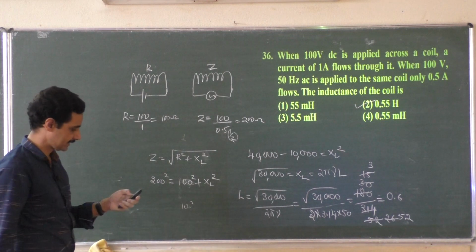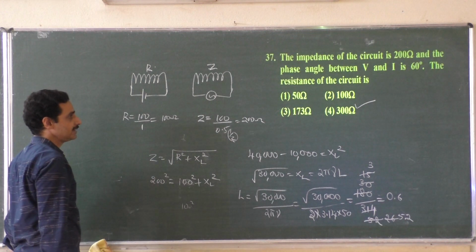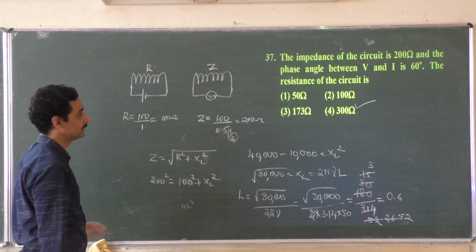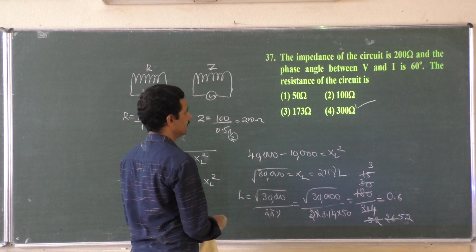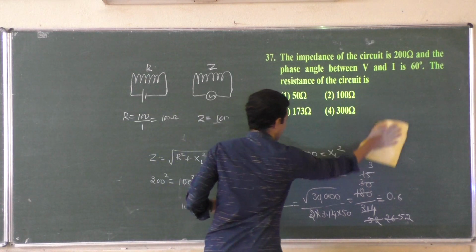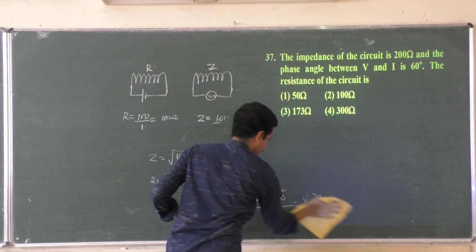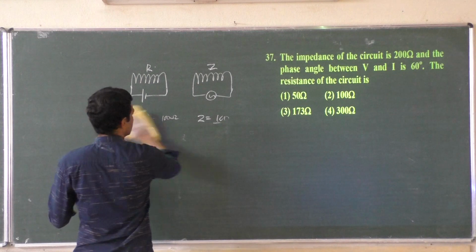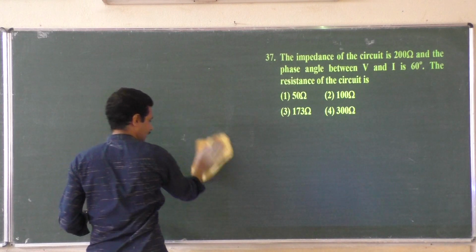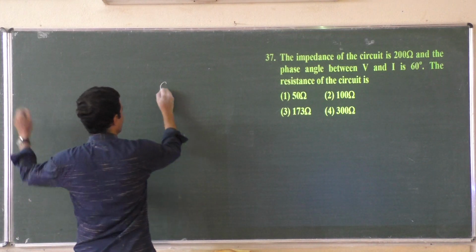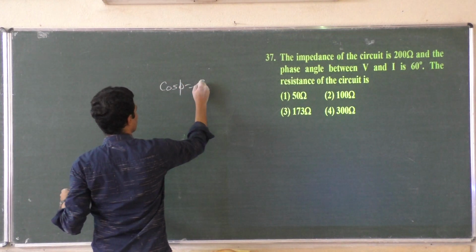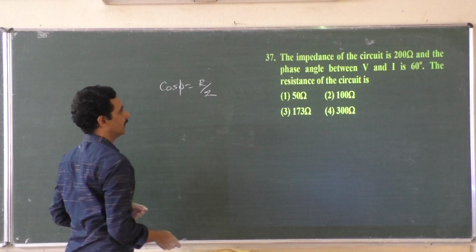Then 37. The impedance of the circuit is 200 ohm and the phase angle between V and I is 60 degree. The resistance of the circuit is, again, a direct one. Phase angle is given, so either you can use tan phi, sin phi, cos phi. Cos phi, you know, is R by Z. What is cos phi?